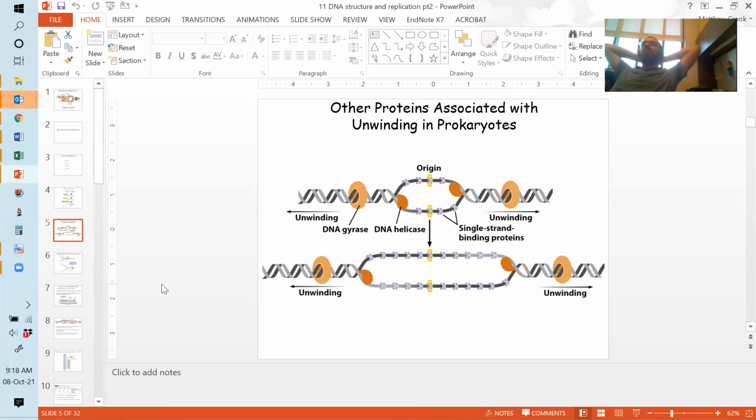So what does DNA polymerase need in order to add a nucleotide to the daughter strand? We've talked about this a bunch. Or actually, let's expand upon that.